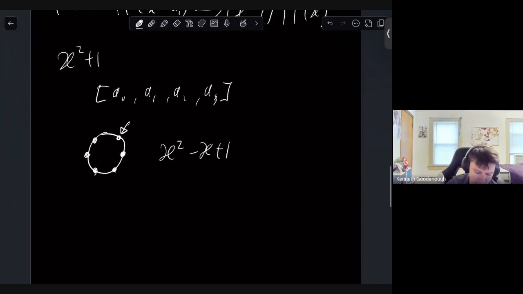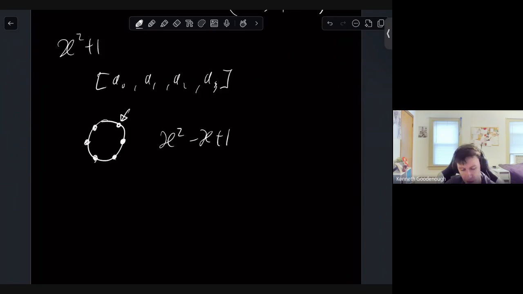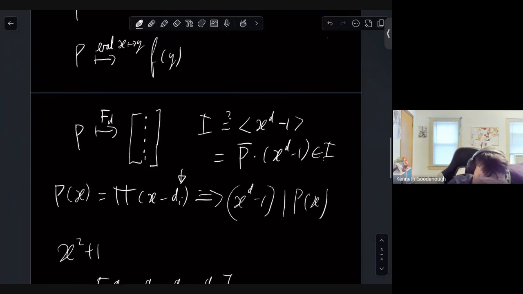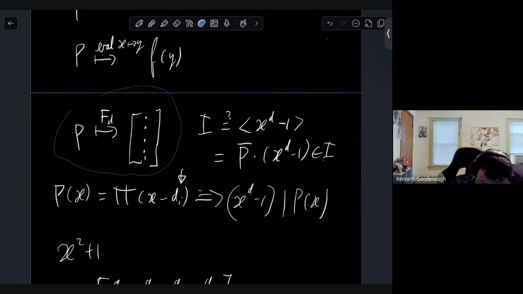Okay, so let's take a step back. I said I want to limit myself to a sort of Fourier transform where I only put in roots of unity. So how can we formalize that? Well, what I want to do is something similar to what we did here.